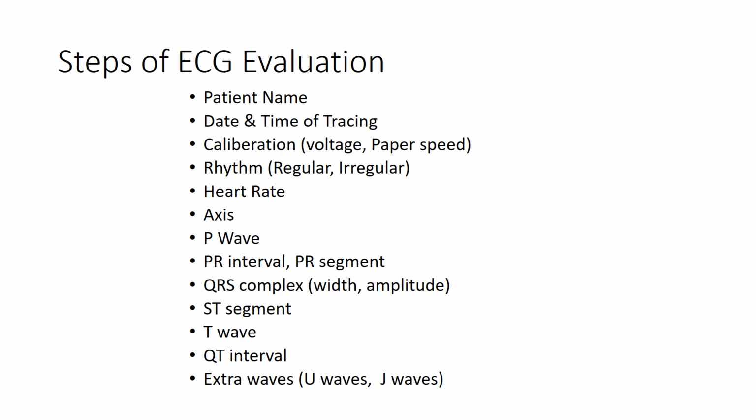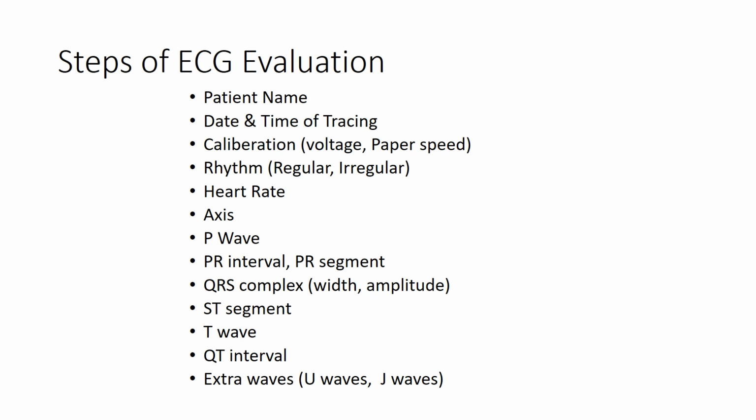And then comes the calibration, which means that we have to see that the voltage and the paper speed is normal. Then we will evaluate the rhythm, whether it is regular or irregular.